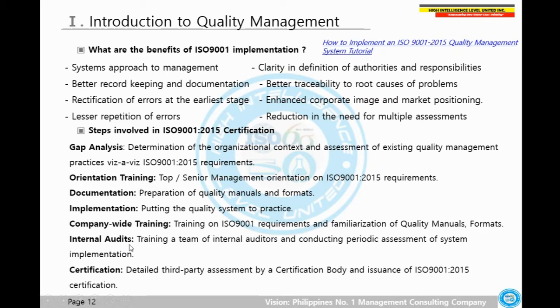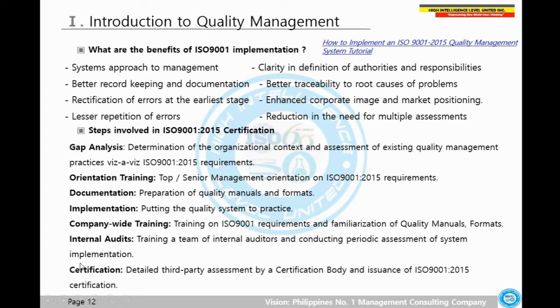Before internal audit, we have to train a team and conduct periodic assessment of system implementation. Then after that, we have to adjust or improve the lacking points.